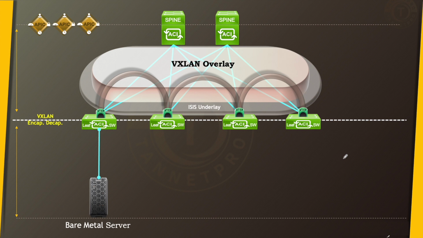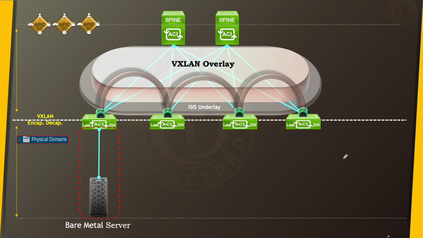So once we physically connect any bare metal server, we call that a physical domain. Whenever we connect any physical servers or bare metal servers, we configure that as a domain.